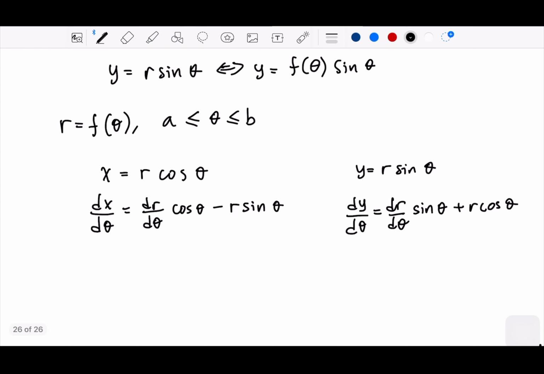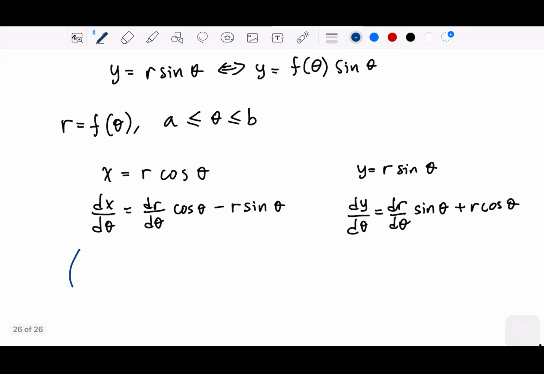Now taking the square. Why do we need to take the square? Because in the arc length you need both squared, right? So take the square for both dx d theta and dy d theta.